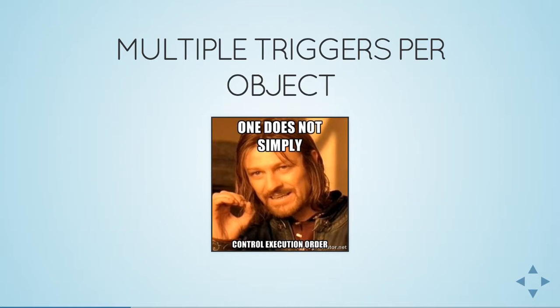So you might have some sort of interdependency between the triggers that could cause you problems, and just a whole bunch of headaches can arise from this. So once again, you can avoid this by just having a single trigger that calls a trigger handler class or classes for that object.